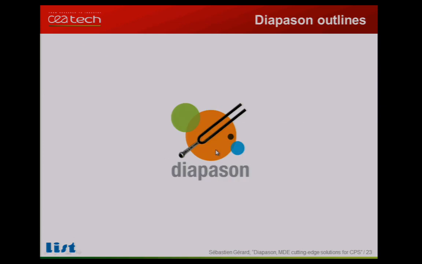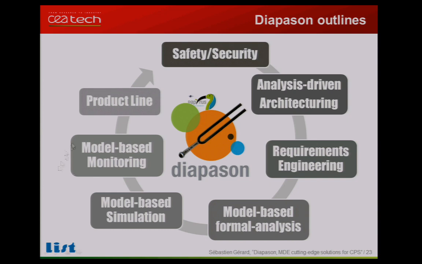Within this context, we have developed a framework, a workbench called Diapason, whose purpose is to take into account all these concerns. For safety and security, we have developed a framework called Sophia. We'll come back to that later.